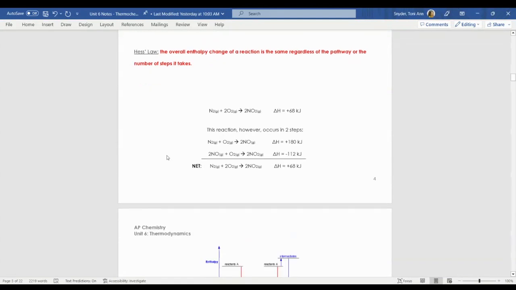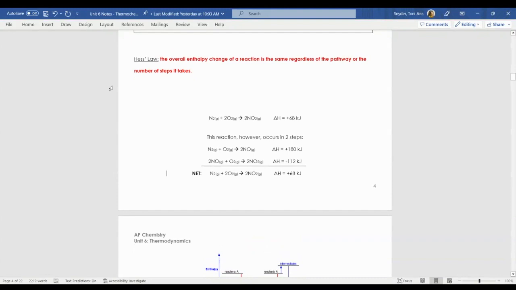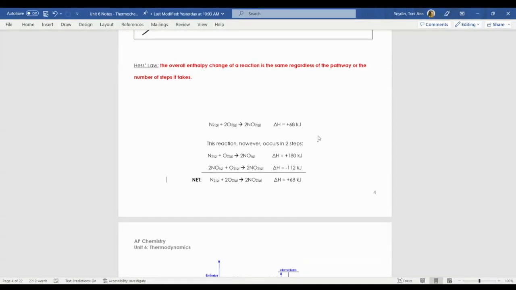This is where I was going when talking about what a state function is, right? If I look at this first example, it doesn't matter how I get to the products, the overall energy change is going to be the same regardless of the pathway or how many steps you take. Delta H is the same regardless.